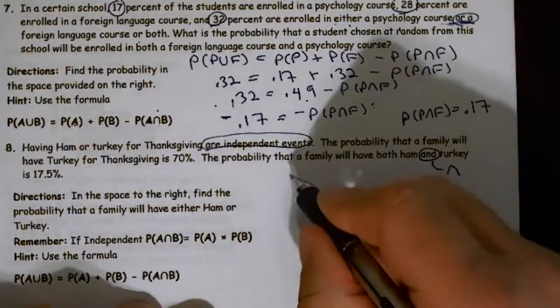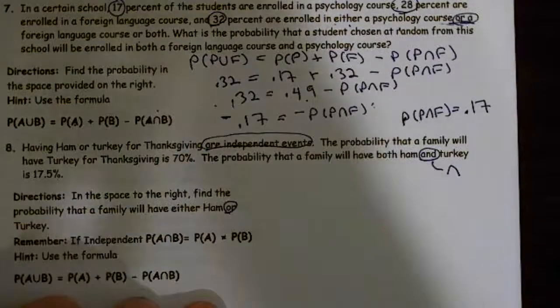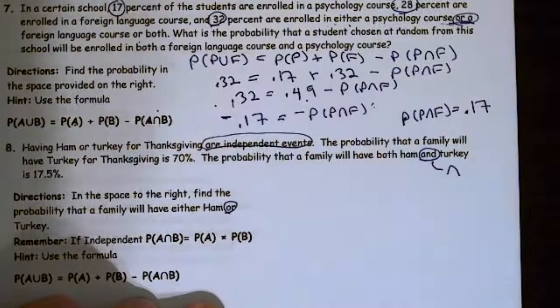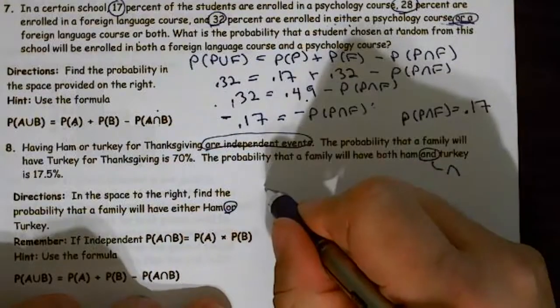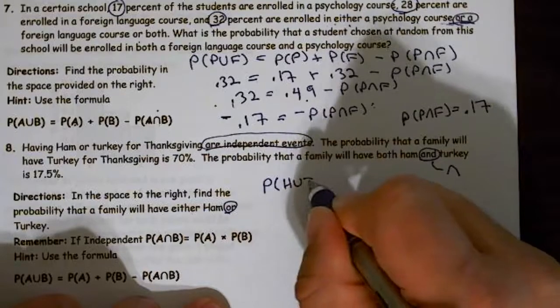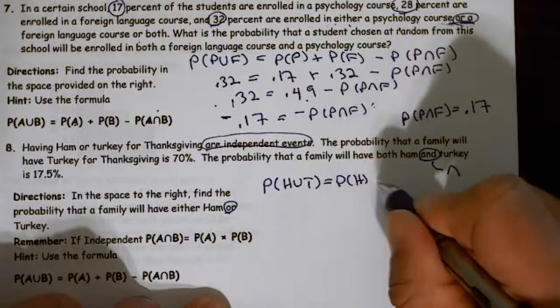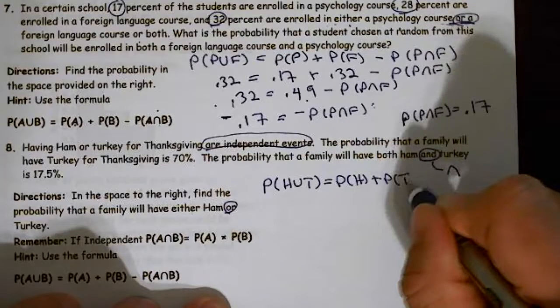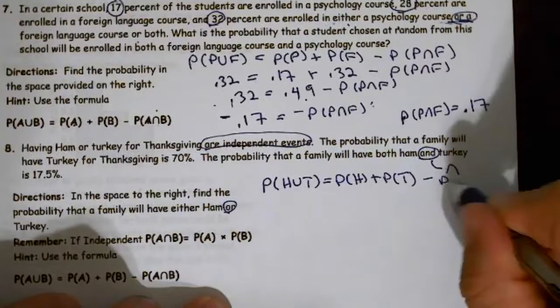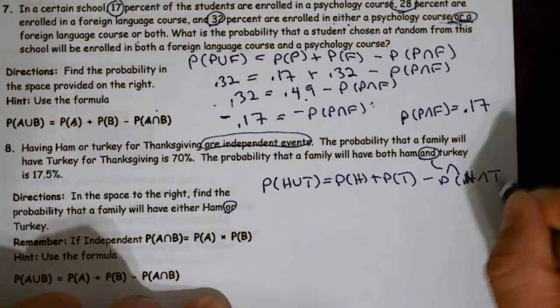So here's what they're looking for. They said or. All right, so they want me to use the general addition rule. So the probability of ham union turkey equals the probability of ham plus the probability of turkey minus the probability of ham and turkey.